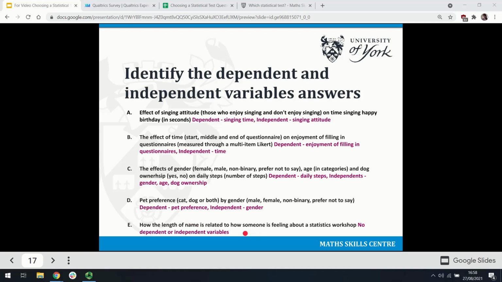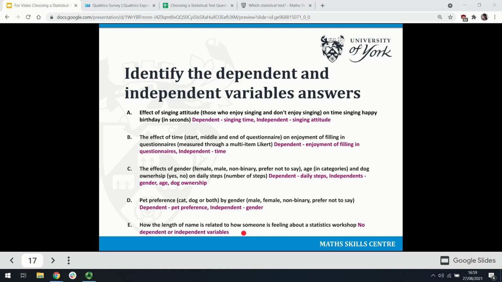Now, when it comes to the last one, if you think about what one affects the other one, it's quite hard to answer that question. So if you thought, okay, does the length of someone's name affect how someone is feeling about a stats workshop? That doesn't really make a lot of sense.